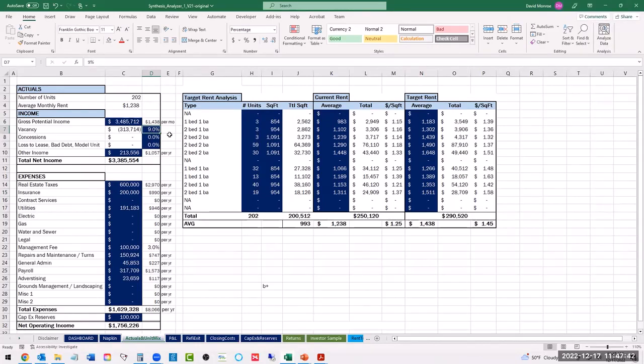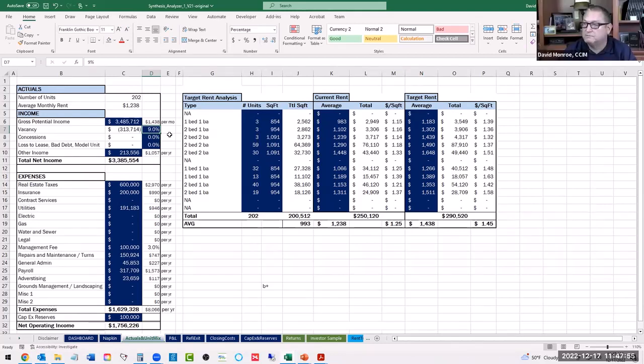The additional 3.4% to the market vacancy is from the T12. We're adding the credit loss, correct. Instead of putting the concessions and credit loss and bad debt all here, we're just including it here for time.